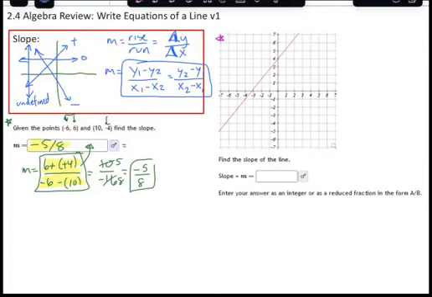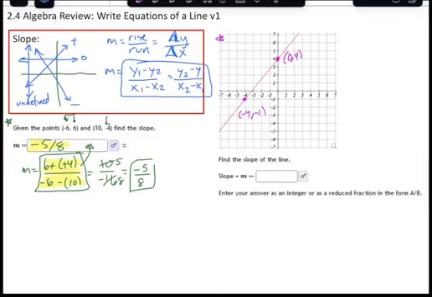The key is you need to find 2 points on your graph that meet right where the grid lines intersect, with integer values so there's no issue with precision. Here's 1 point, 0, 4. Here's your other point, negative 4, negative 1.